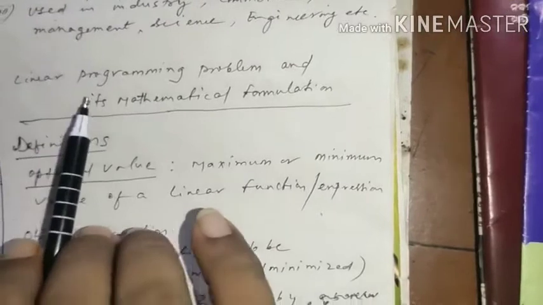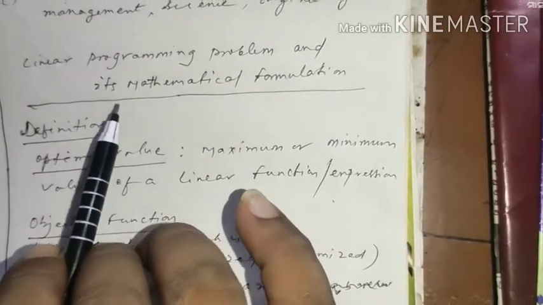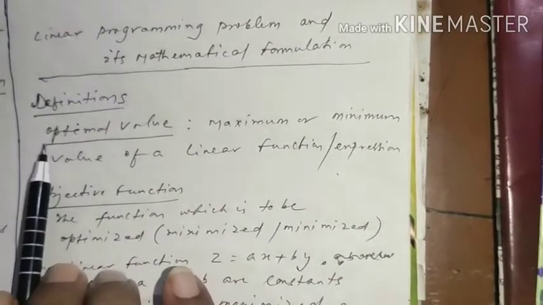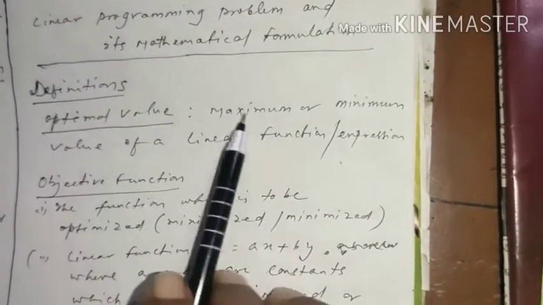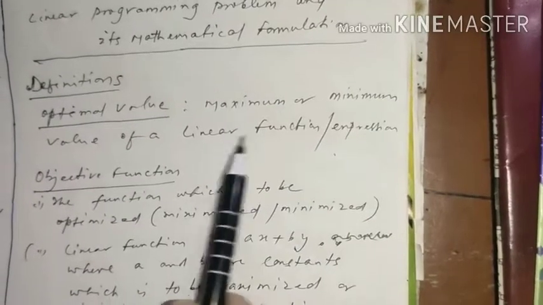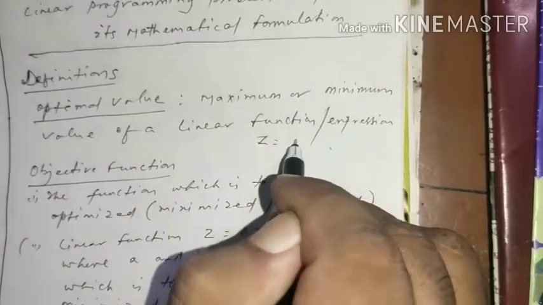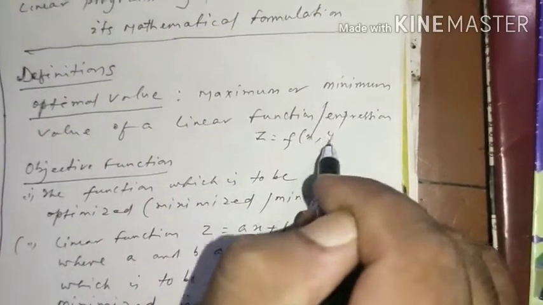Before going to the linear programming problem, you have to know some definitions. What is optimal value? The maximum or minimum value of a linear function or expression. You know about the linear function. Suppose z equals f of x comma y.